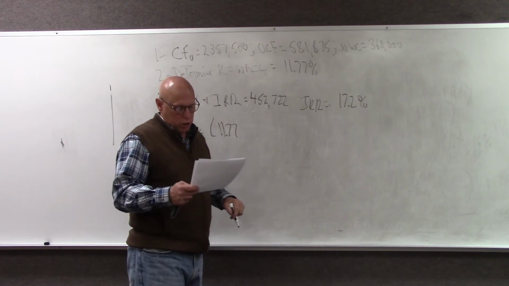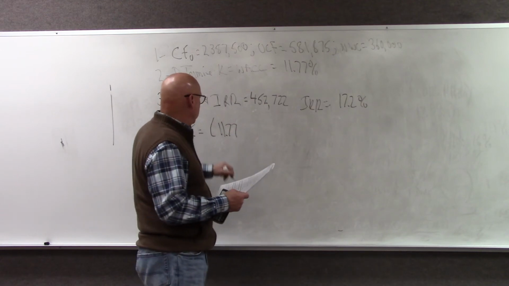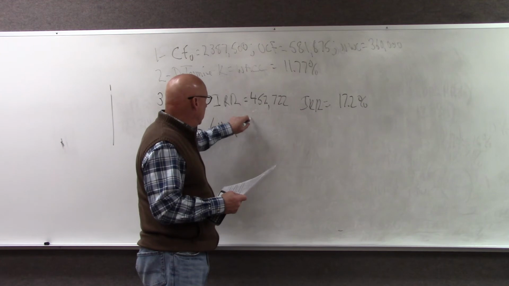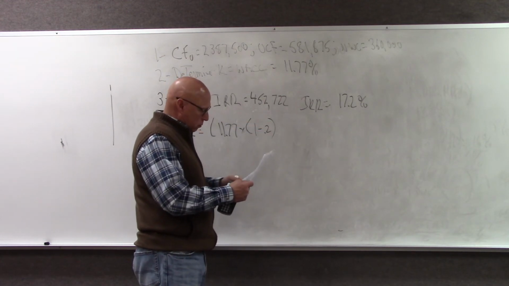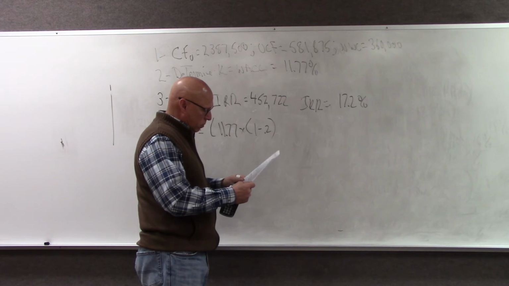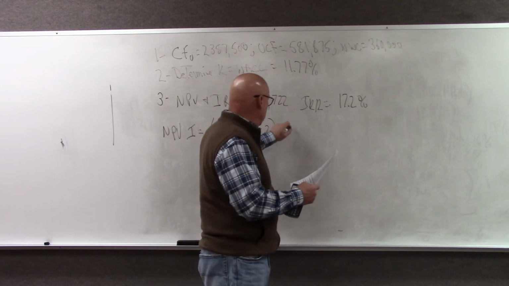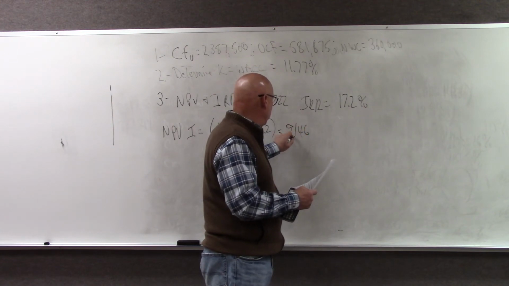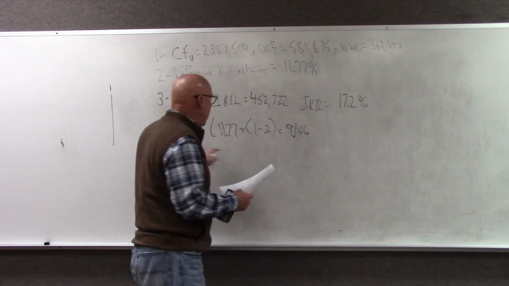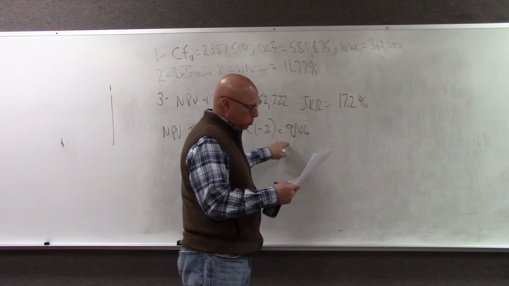This is for a project that is 20% less risky, times 1 minus 0.2. Okay? And so that is 9.146% that we put in. So NPV, I equals 9.146%.